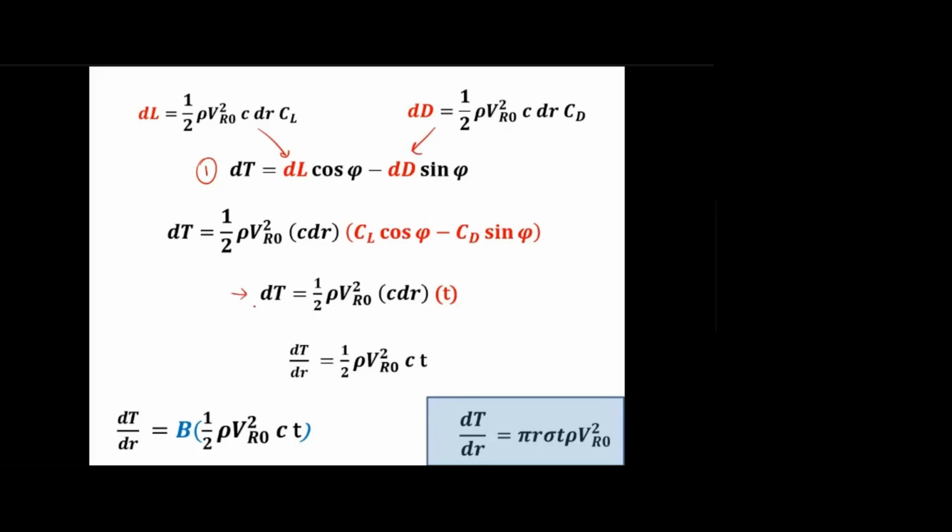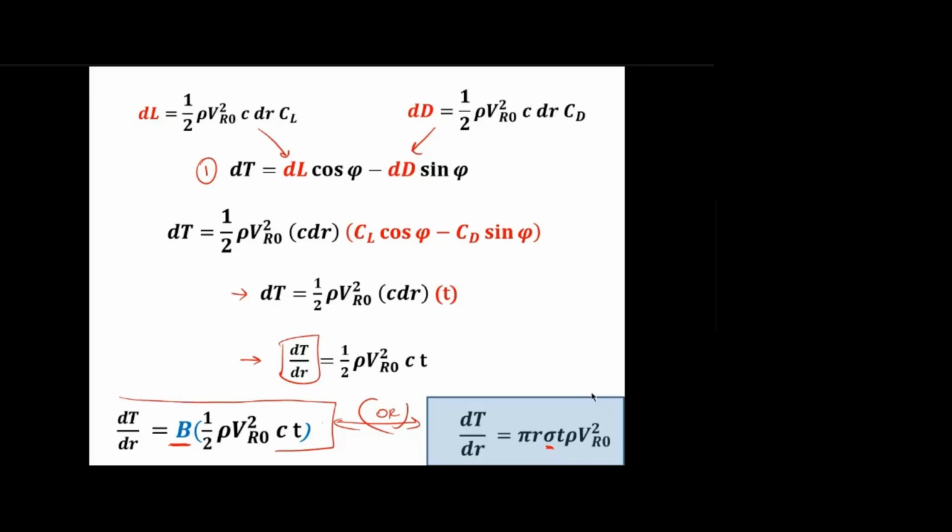Okay, this is thrust grading, and if you multiply with B, this is for the complete propeller. So this is the final equation, or we can write in terms of solidity ratio also, pi r sigma. Solidity ratio also will be a given parameter. When you are buying the propeller, they will give this value also, what is the solidity ratio.